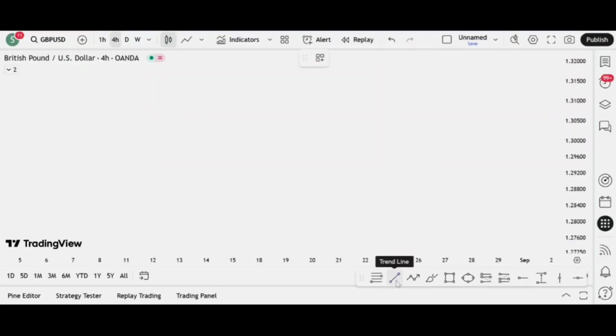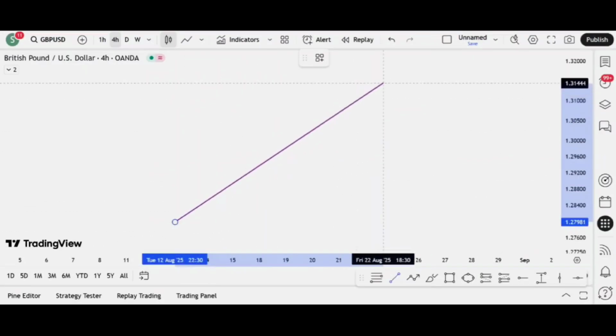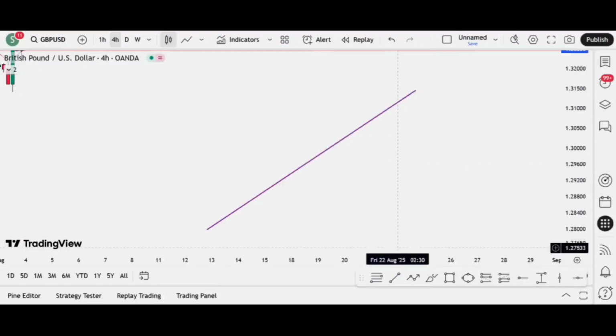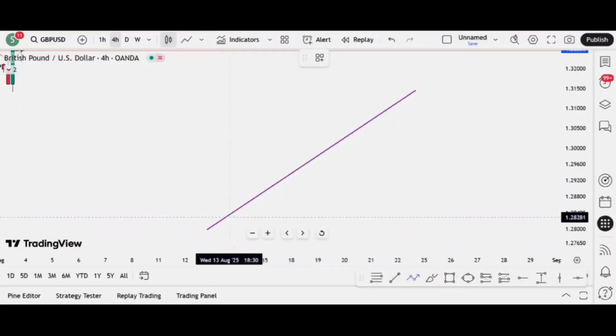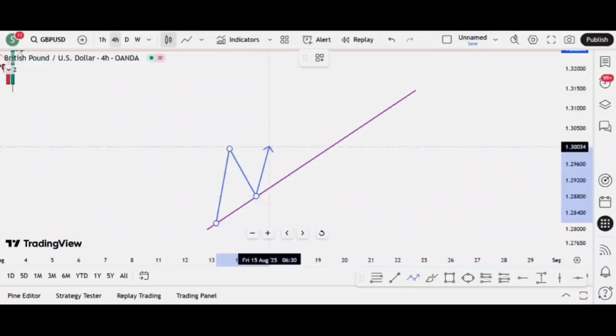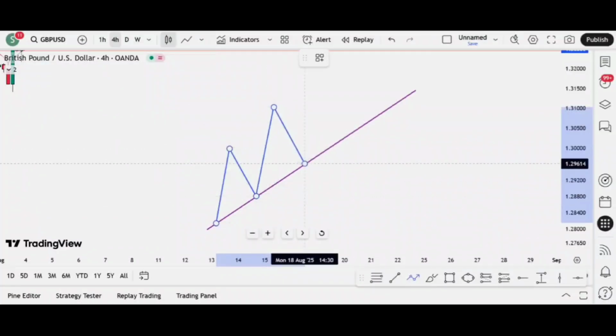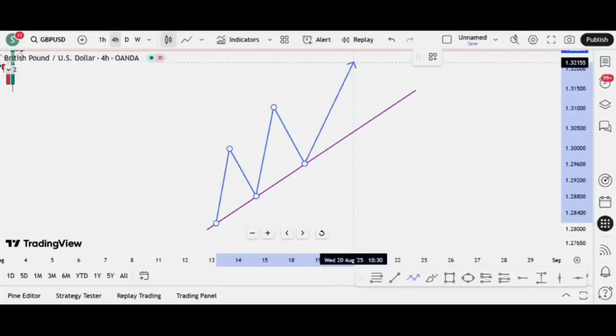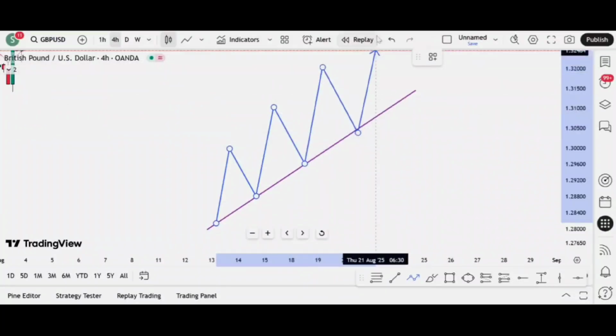So here you see this is our trend line. It shows the trend is up. Now here you see the structure for uptrend makes higher high, higher low, higher high, higher low, higher high, higher low, and higher high.